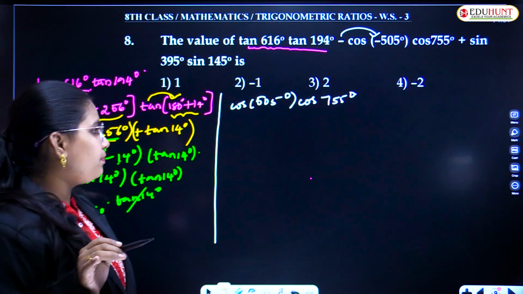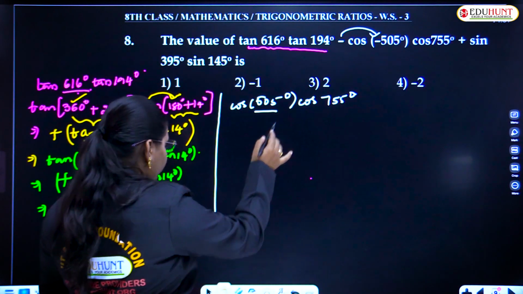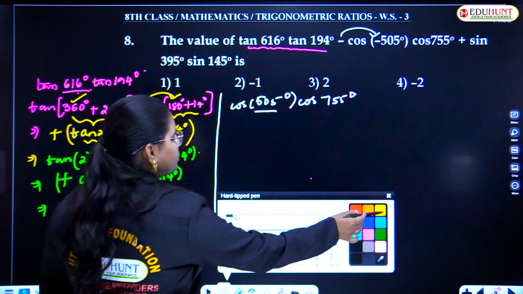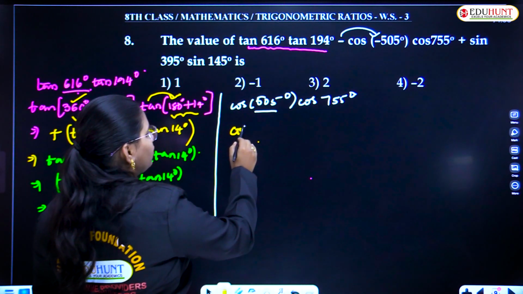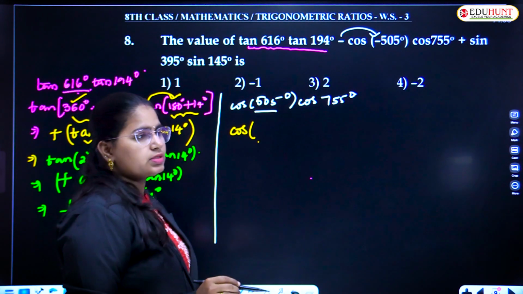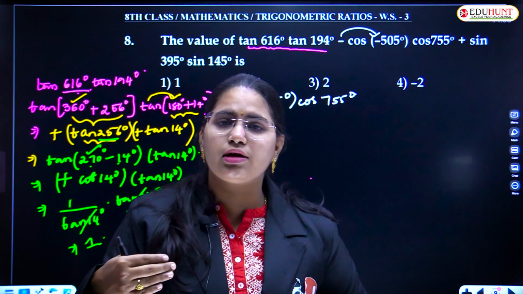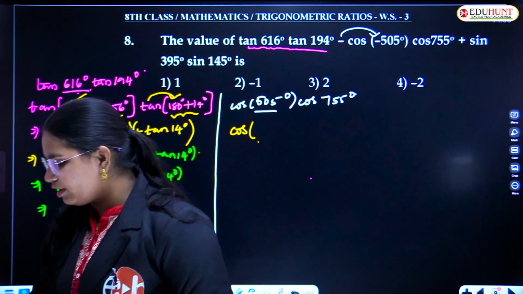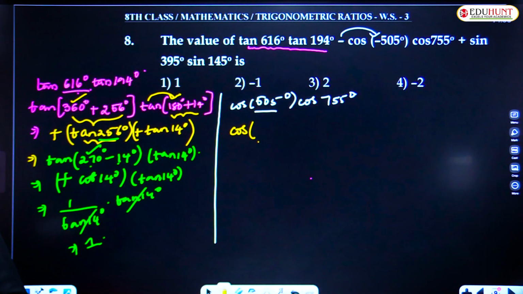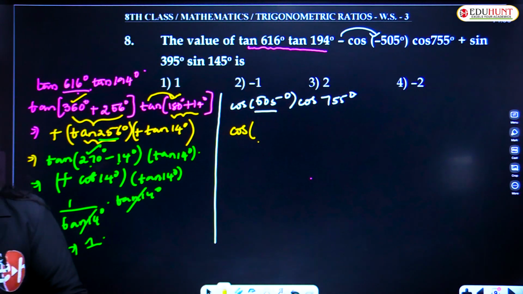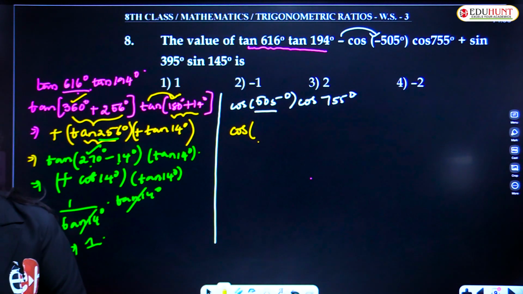So let's get back to the next. Cos 505, how can I express this? I can express it in the form of the nearest angle. What is the closer value to 505? It is obviously 360 degree, right?